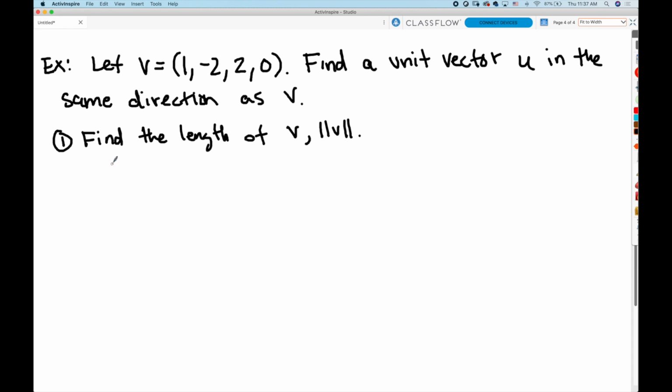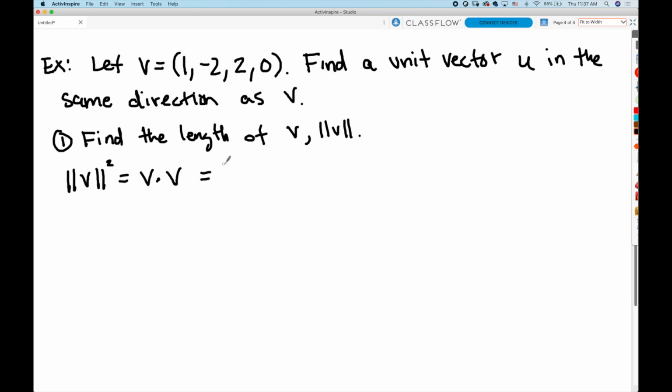Okay, and so we know that the length squared is equal to v dot v. And so that's what we're going to do first. Well, v dot v, by definition, is v transpose v.